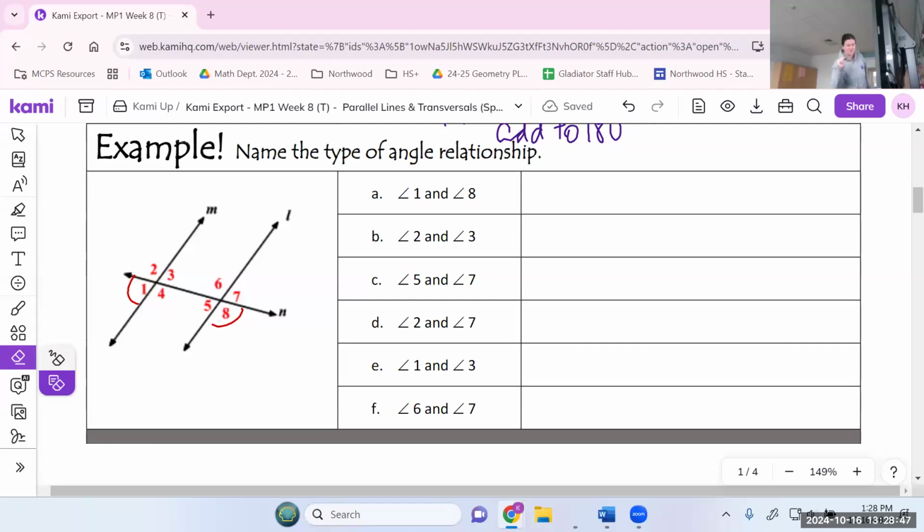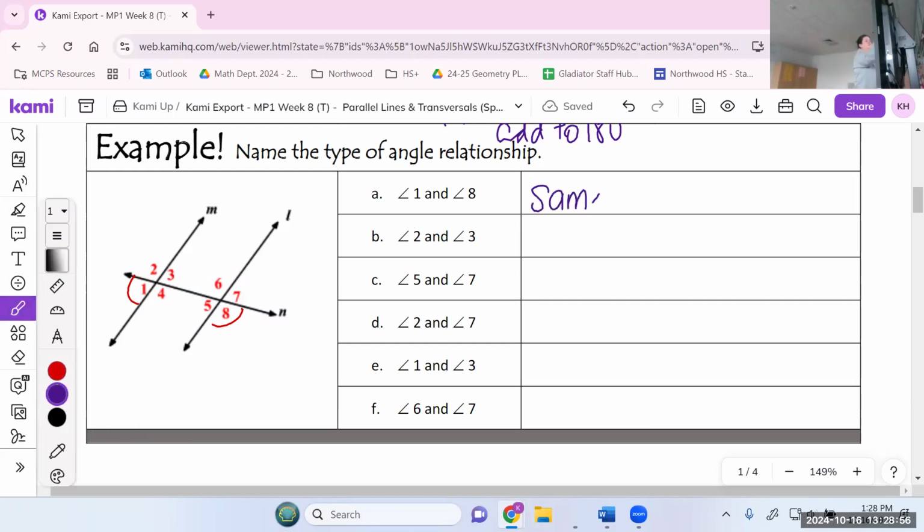I meant horizontal. Okay, so 1 and 8 are on the same side of the transversal, right? So we're going to say same side. And then the question, right? So first question is like, how does it relate to the transversal? These ones are on the same side. The second question is, are they inside the parallel lines or are they outside?